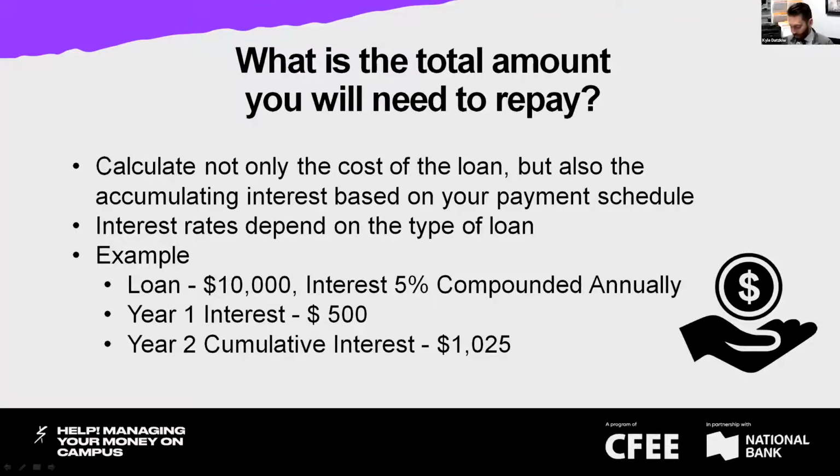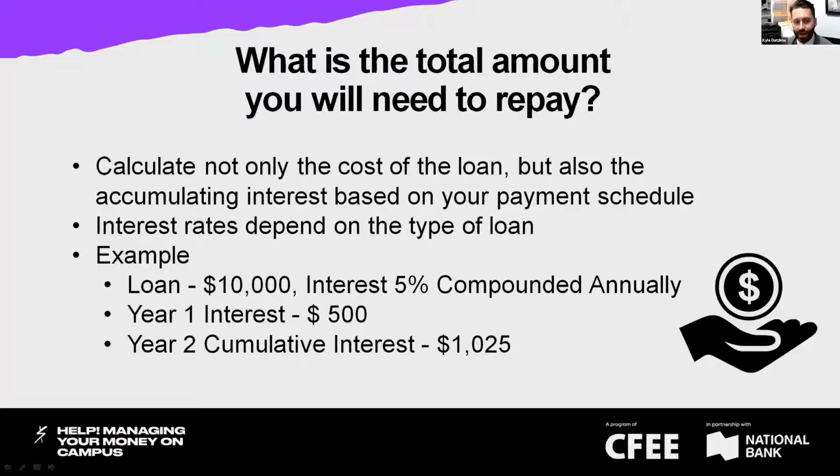For example, if you take out a $10,000 loan, the first year the interest at 5% compounded annually would be $500 for a total of $10,500. But if no payments are made, the following year it becomes 5% interest on the $10,500, not the $10,000, for a total of an extra $1,025 in interest, or now a loan repayment of $11,025.